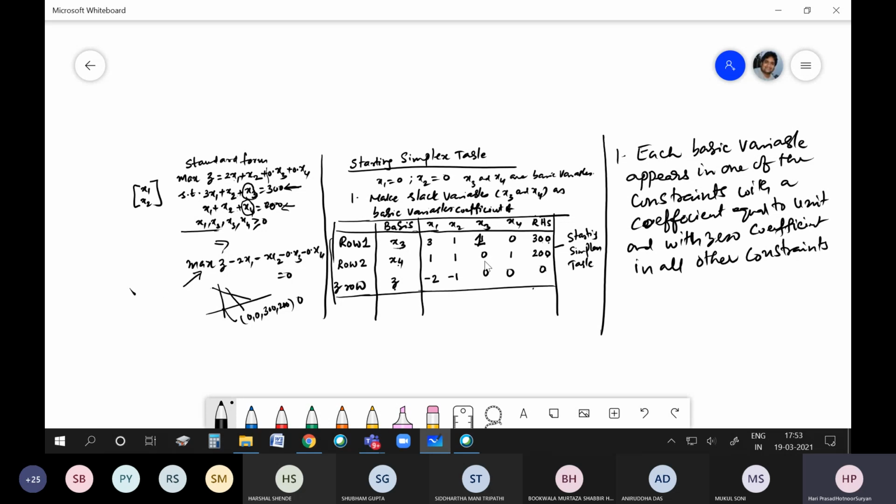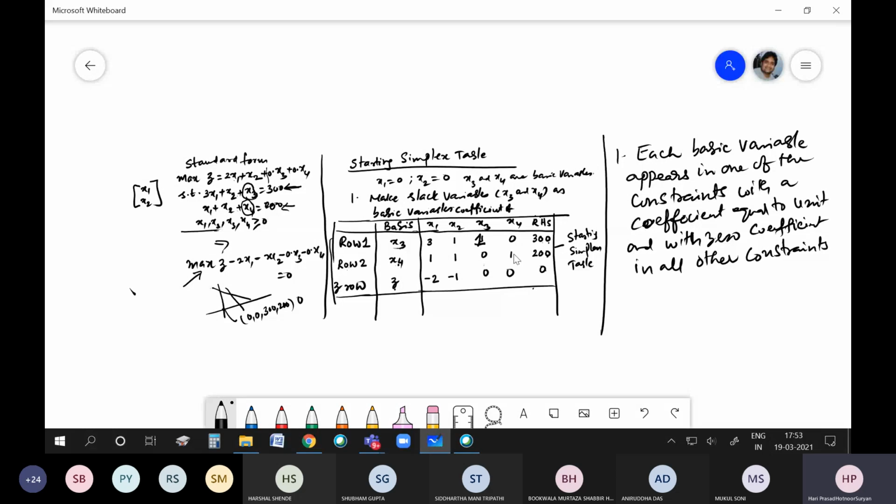It is 0. If I had three constraints, in the first x3 will have 1, and in the second and third it will have 0. Similarly, for row 2, which is the basic variable? x4.